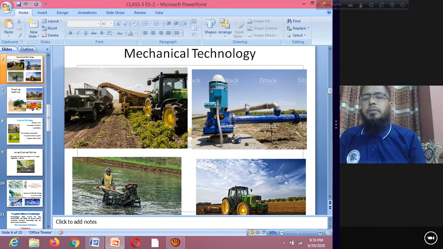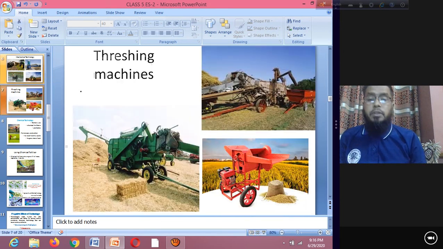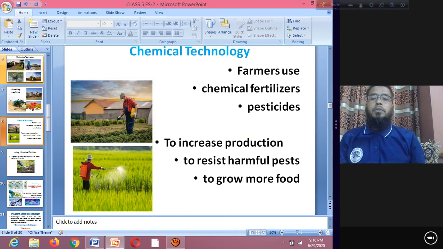This machine is collecting vegetables from the field. And this is mechanical technology. You can see 3 pictures. These are threshing machines. Our paddy or other crops are separated from the plants. So we are actually enjoying the advancement of technology.